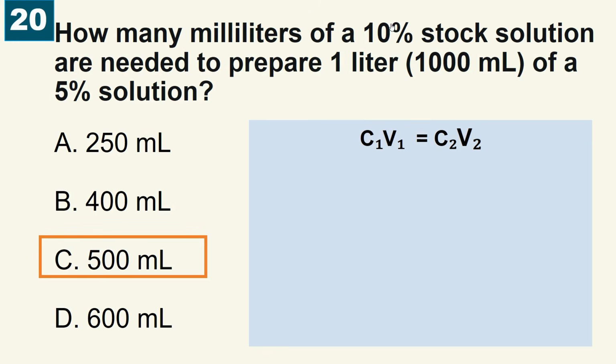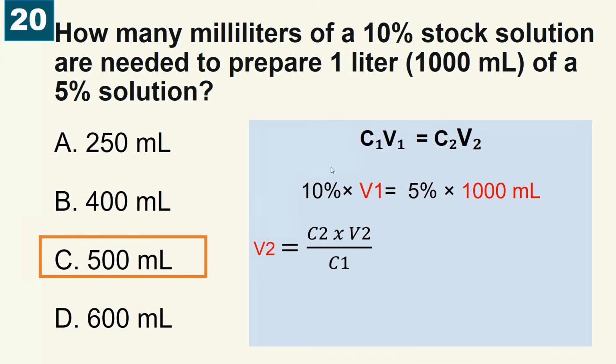Here you can use the dilution formula C1 V1 equals C2 V2. That means the left side equals the right side. Here we have C1, the 10% stock solution, and we don't know how much volume we have to take to prepare this new concentration.